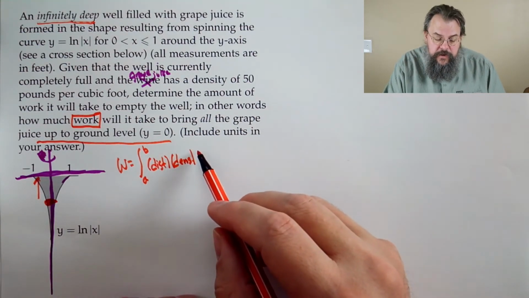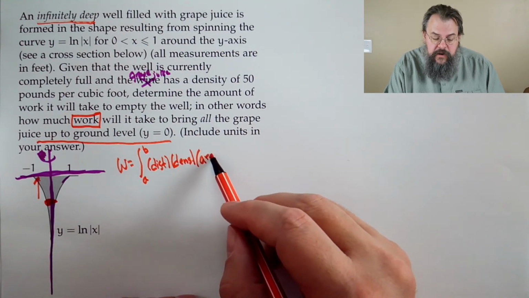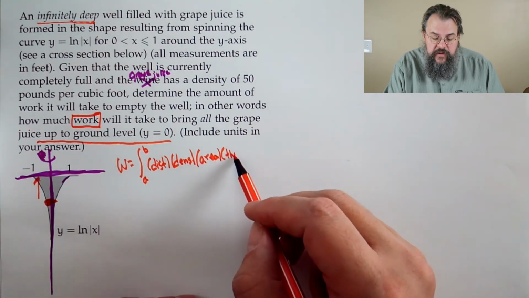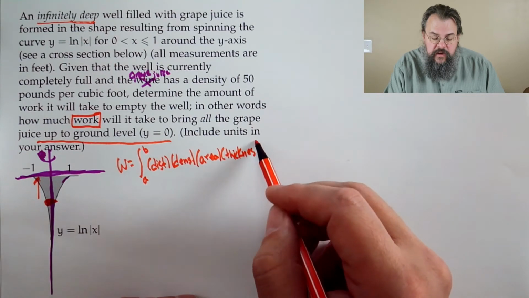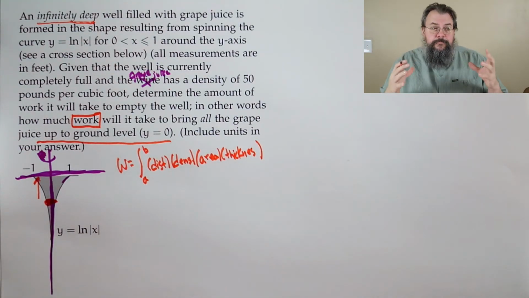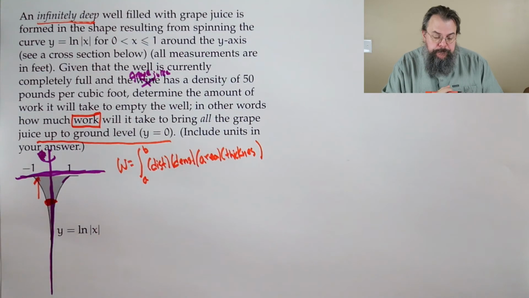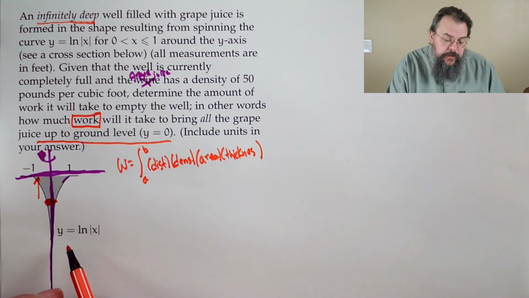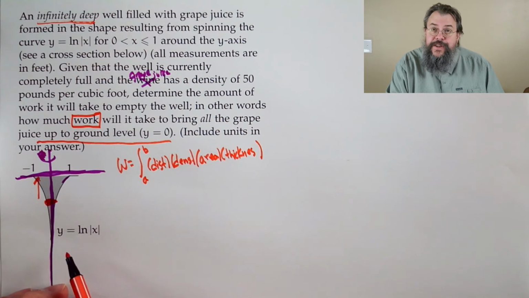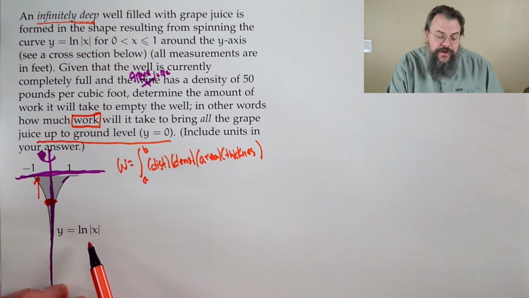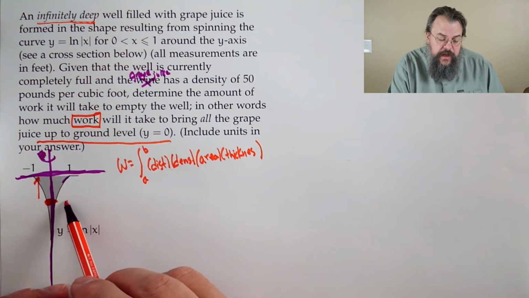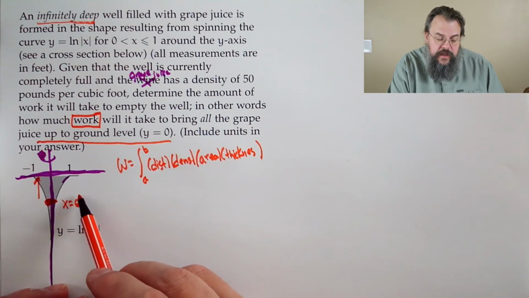We're also going to have a volume, and the volume is going to be an area and then a thickness. So this is the basic formula for work. We've done this before. And we start thinking about, okay, we really should have things all expressed in terms of y. So y equals log of x, that's actually the wrong thing to have. So how do we get rid of the log? Well, exponential. So we can say, oh, this is x equals e to the y.